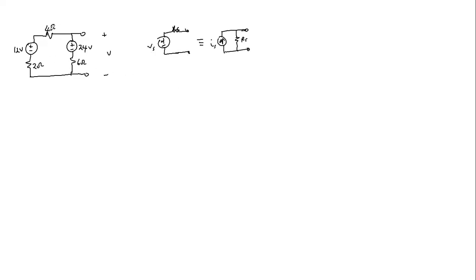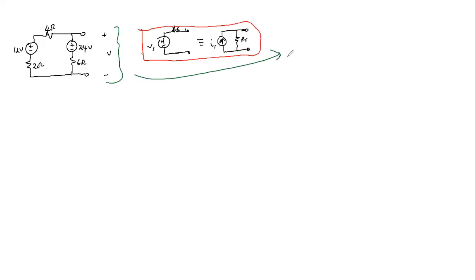So here we could replace this by a simpler circuit. Now we replace this entire model by a simplified circuit. Here we have a single voltage source and a single resistor. Then same here.